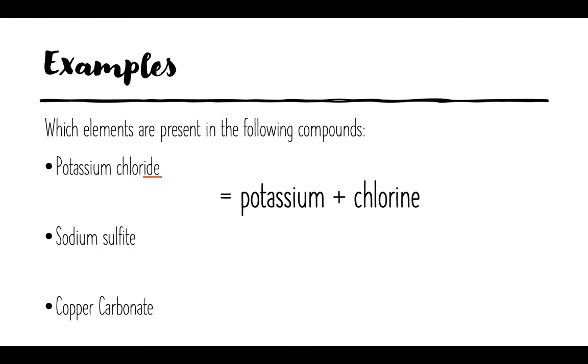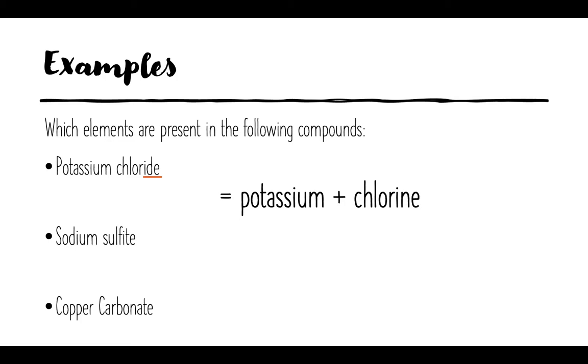Now these two down here are slightly different. We have sodium sulfite and copper carbonate. Now, it's very obvious that in both of these, the metals can be pulled out immediately: sodium and copper. However, instead of an IDE ending, these compounds end in ITE and ATE. Now, what that tells us is that there's oxygen involved in these compounds too.